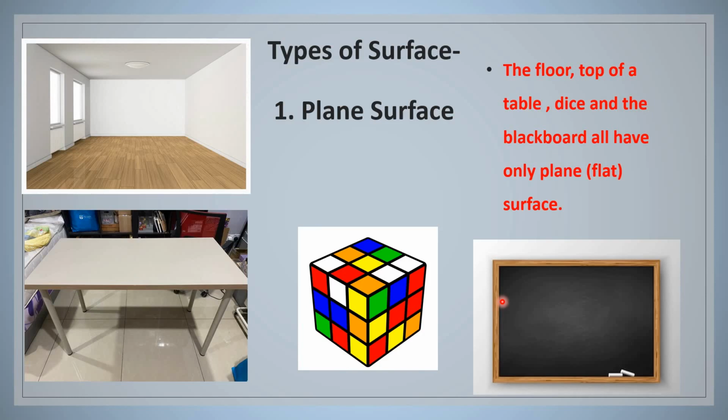If you keep a book flat, the top of the book has a plain flat surface. So therefore it is a plane surface. Another example you can take is a frame. A frame has a plain flat surface. There are no curves to it. So therefore it is a plane surface. So this is the first type of surface that we studied, that is a plane surface.